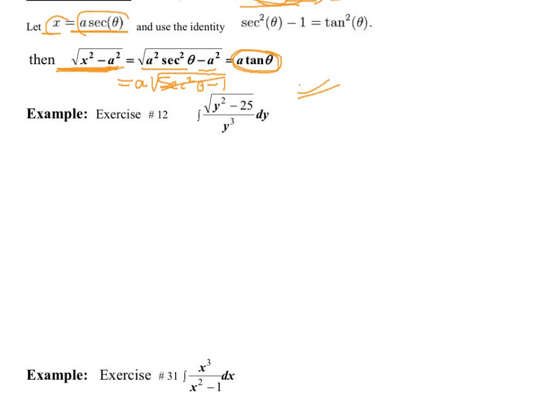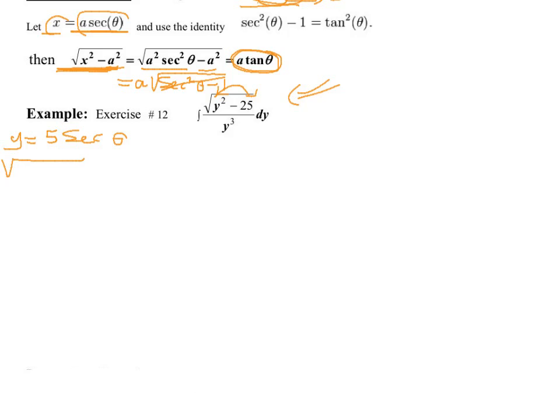Let us try this example. Now, here, this looks like secant squared minus 1. So we are going to take y equal a, which is 5 secant theta.